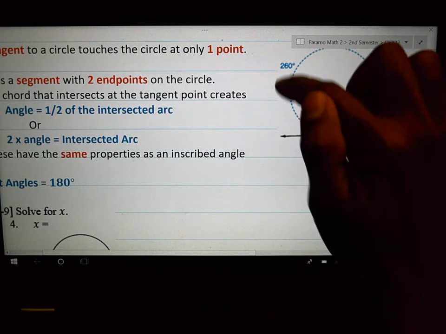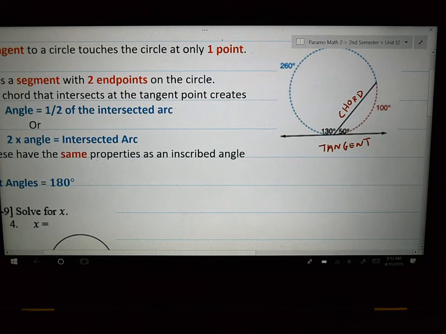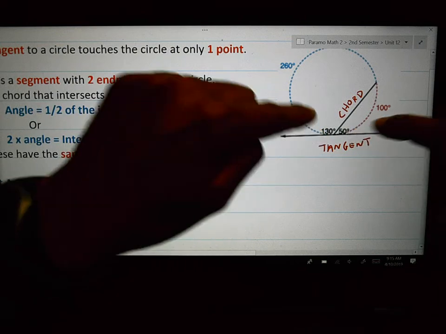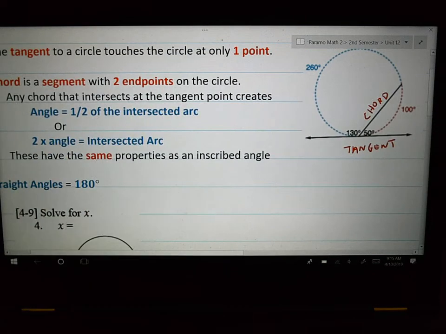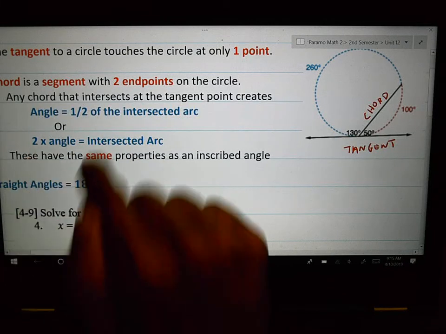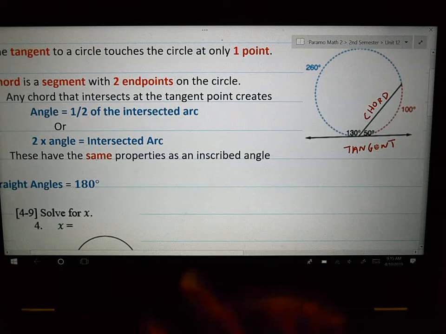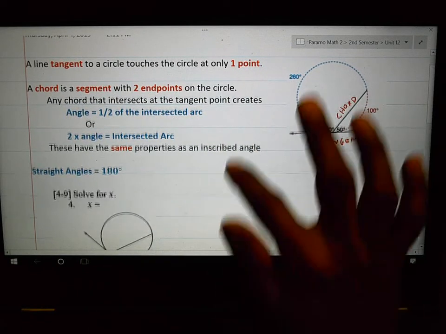And then if this is 260 degrees for the arc, half of it is 130 degrees. These angles are half of that. Or if you double these angles, they will be equal to the intercepted arc. Either way is correct. Sometimes it's easier to double something, sometimes it's easier to just do half of something. So, very similar to what we just did in section 2.